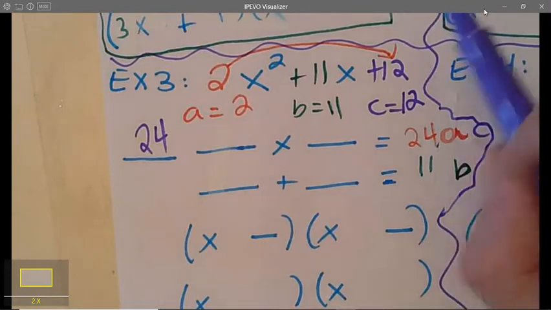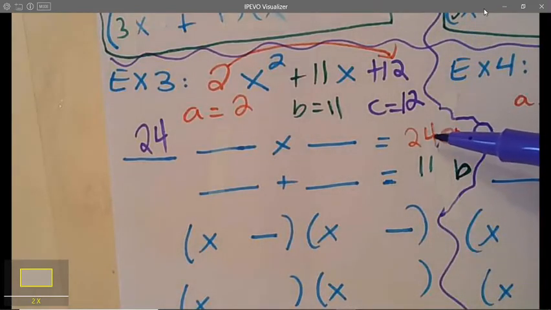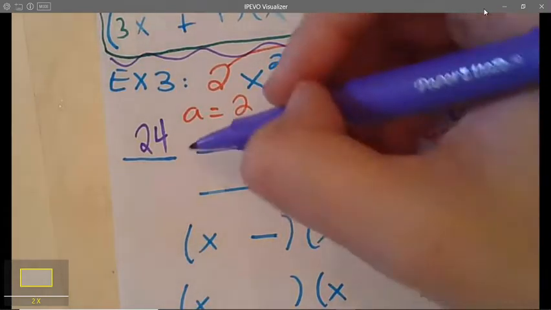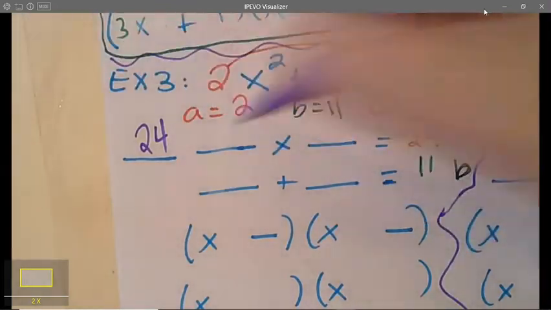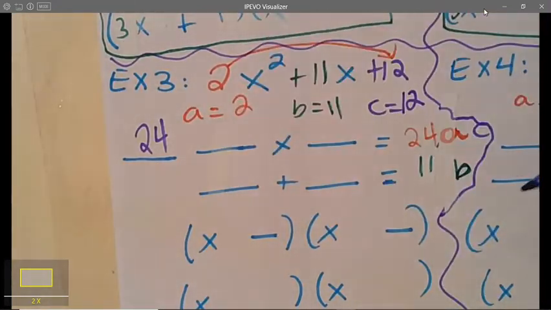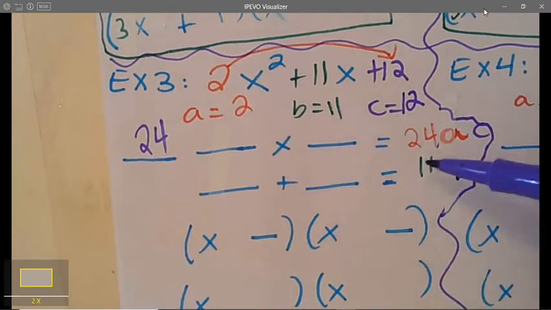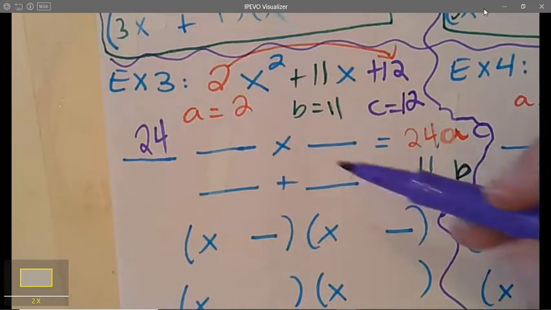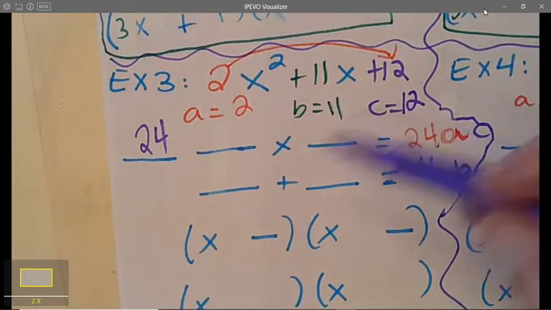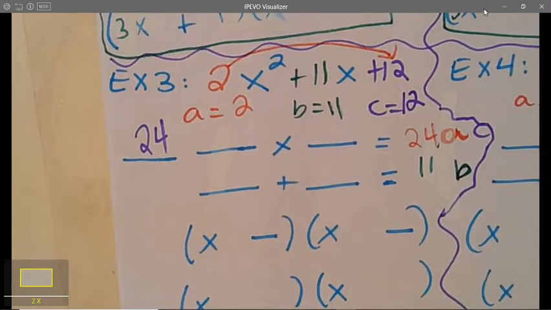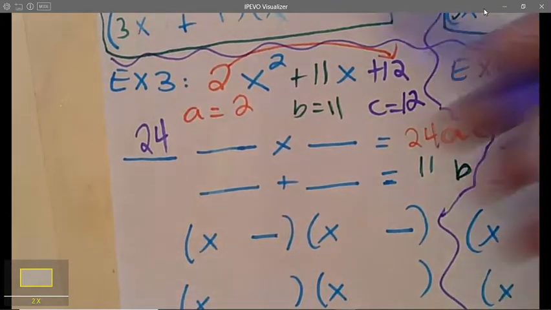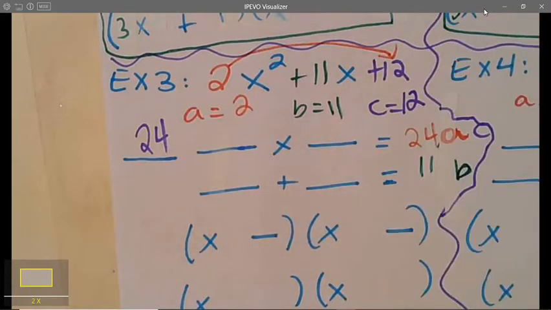So don't forget, you guys, if I'm going to multiply to be a positive, both numbers must be either both positive or negative, which since my B value is positive, the only way to add to a positive is if you add 2 positives. So I know that all my numbers should be positive when I get done. Okay, so I'm going to come up with some numbers that multiply to be 24, and let's see which of those values will add to be 11.